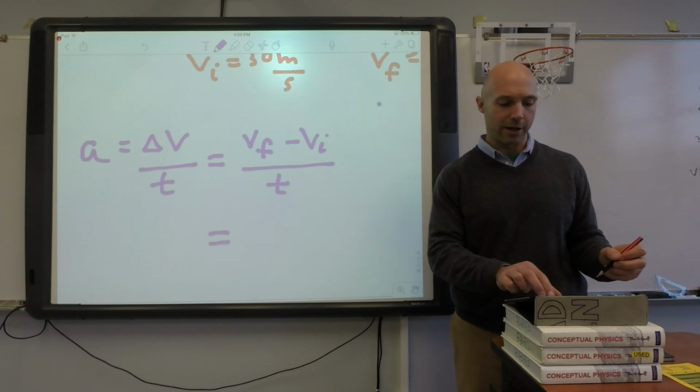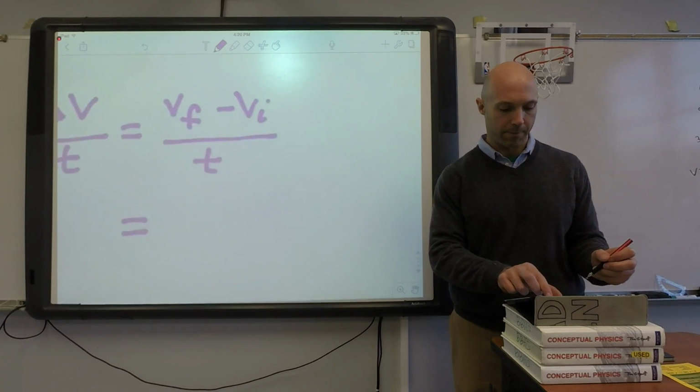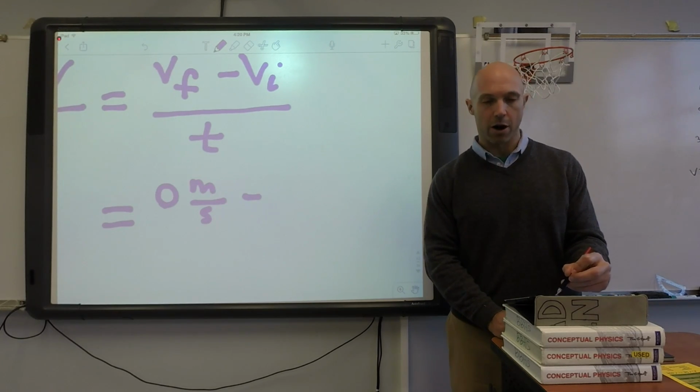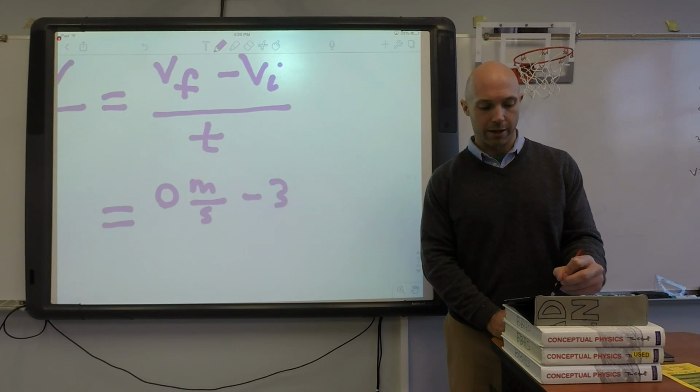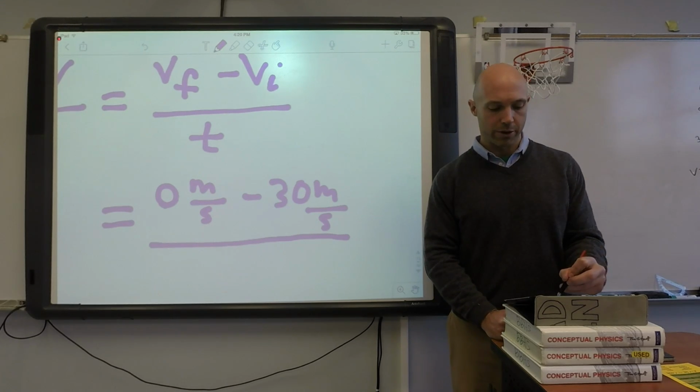Our final velocity from our drawing is 0 meters per second. So 0 meters per second minus our initial velocity of 30 meters per second, divided by our time, which is 5 seconds.